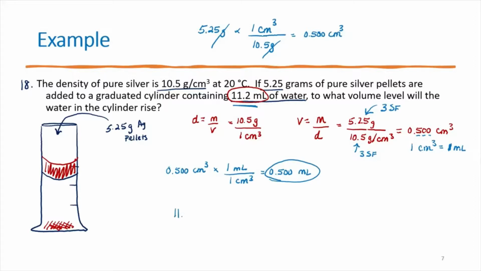So I've got 11.2 milliliters of water plus 0.500 mils for the space added from the silver pellets. This will give me a calculated value of 11.700 mils. Now I'm doing addition, so I need to think about how many decimal places. 1 decimal, 3 decimals. I'm going to round this and say my final volume is 11.7 milliliters.